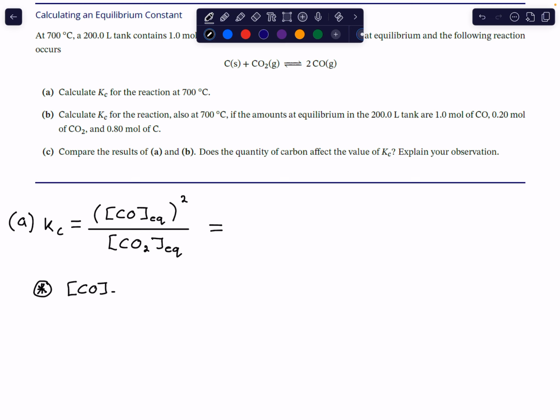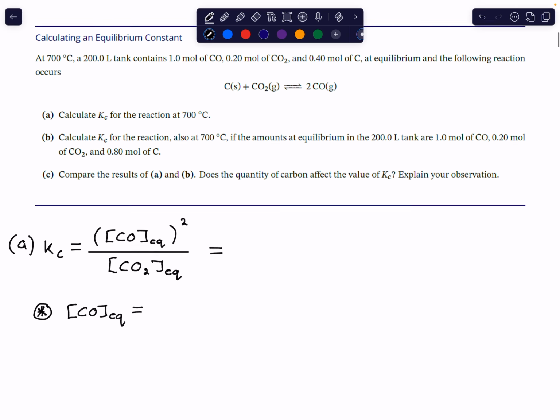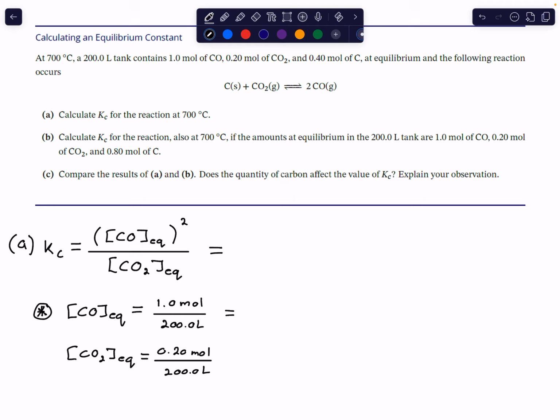The equilibrium concentration for carbon monoxide is, we're given that it is 1.0 mole in a 200 liter tank, and CO2 at equilibrium is 0.20 mole, also in a 200 liter tank.